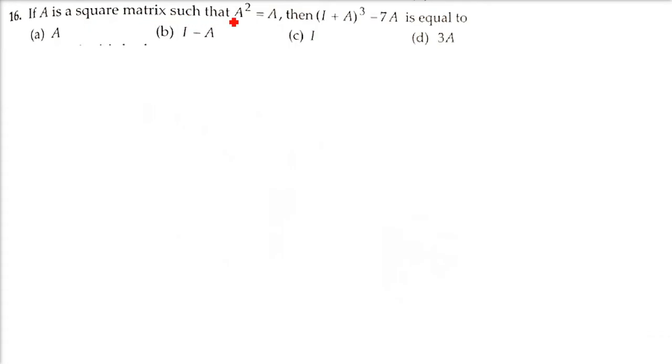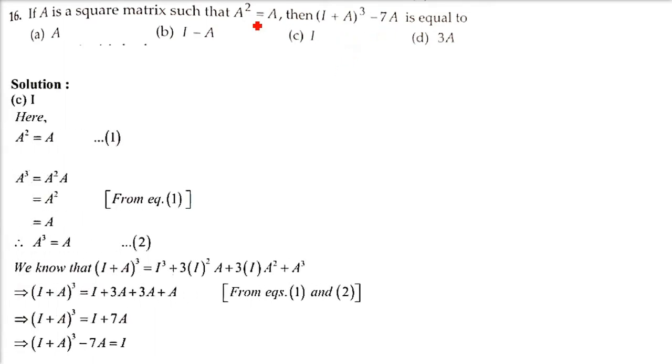If A is a square matrix such that A square equals A, then I plus A whole cube minus 7A is equal to what? So we are going to use this A square equals A in the expression, I plus A whole cube minus 7A. First we will try to find out I plus A whole cube.